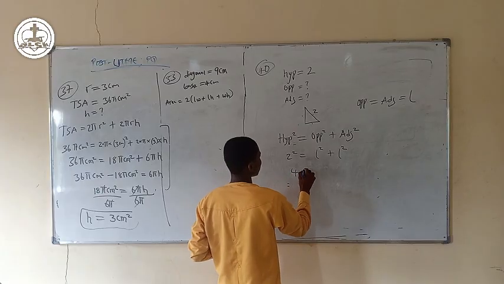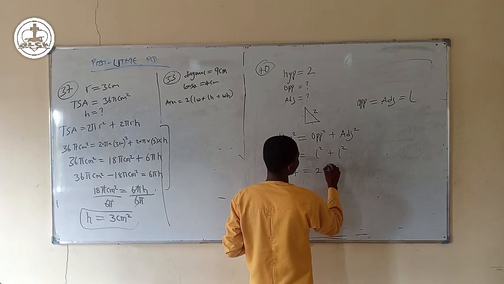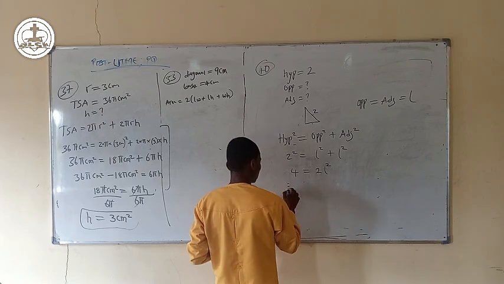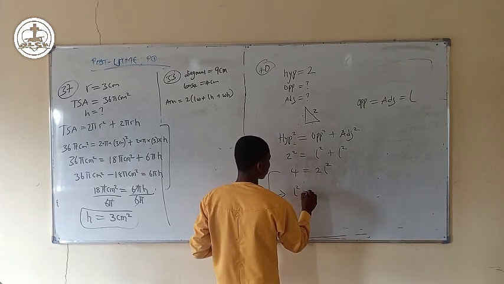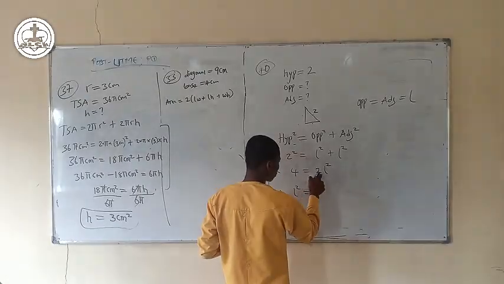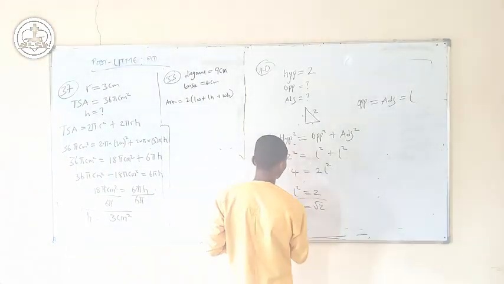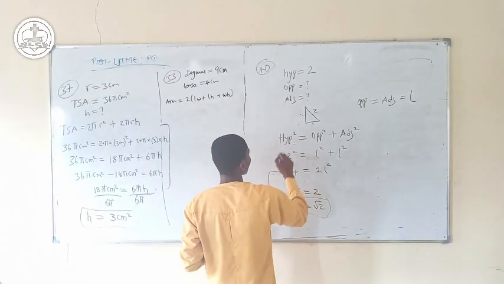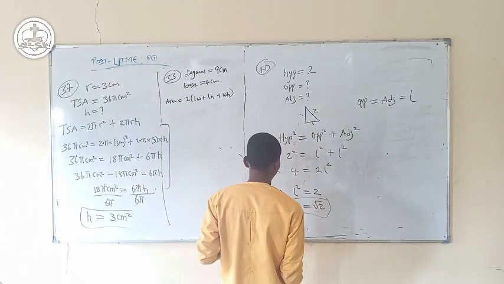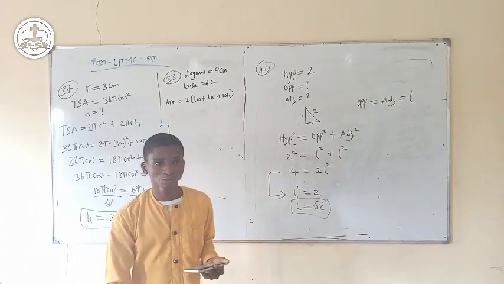So 4 is equal to 2L squared, and our L squared will be, dividing by 2, equal to 2, and our L is the square root of 2. So the other sides, both ends here, will be root 2.